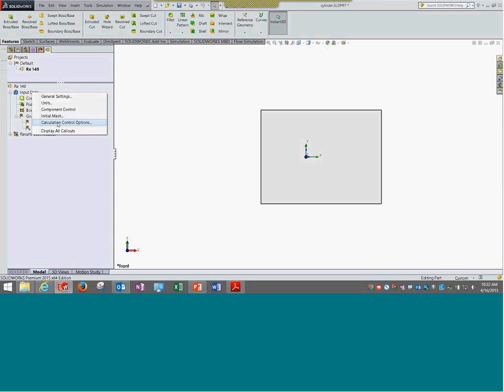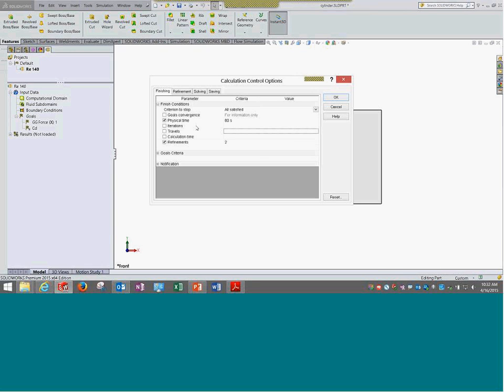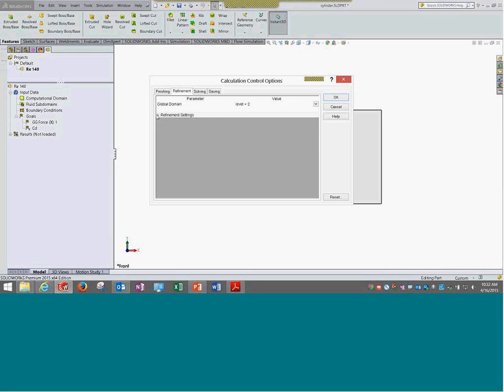For such cases, we have this option of assignment of the mesh, which can be used at the global level. Trying to do that, you can see that in the global domain, we are creating a refinement level of 2. We can also limit the maximum number of cells the software creates, so that the number of cells does not go out of control.